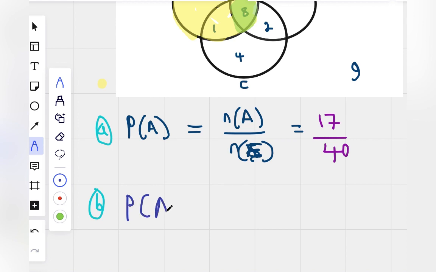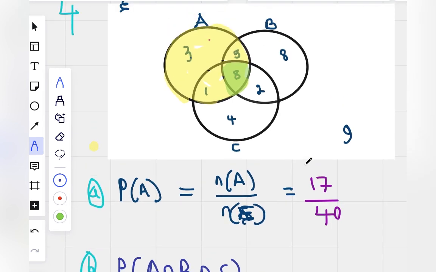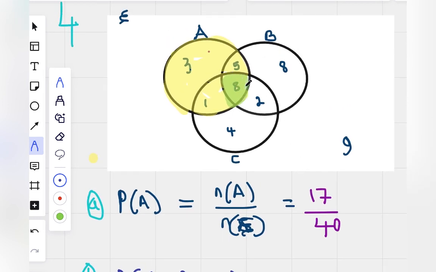Probability of A intersect B and intersect C. Where is the intersection between the three sets? It is here, the green shading or green highlight. This is the intersection of the whole three. See, this intersect is between A and B only. This 5 is between A and B only.